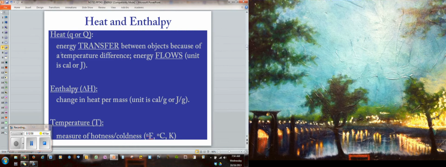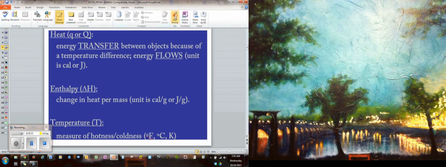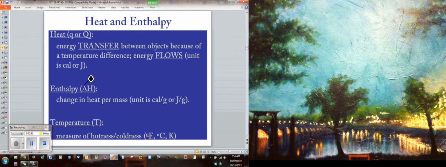Okay, enthalpy has an interesting abbreviation. It has nothing to do with E, so it's actually called delta H. Notice we have that awesome delta again. You may want to put a little note here and keep reminding yourself. The more you write it, the easier it gets to remember. Delta.